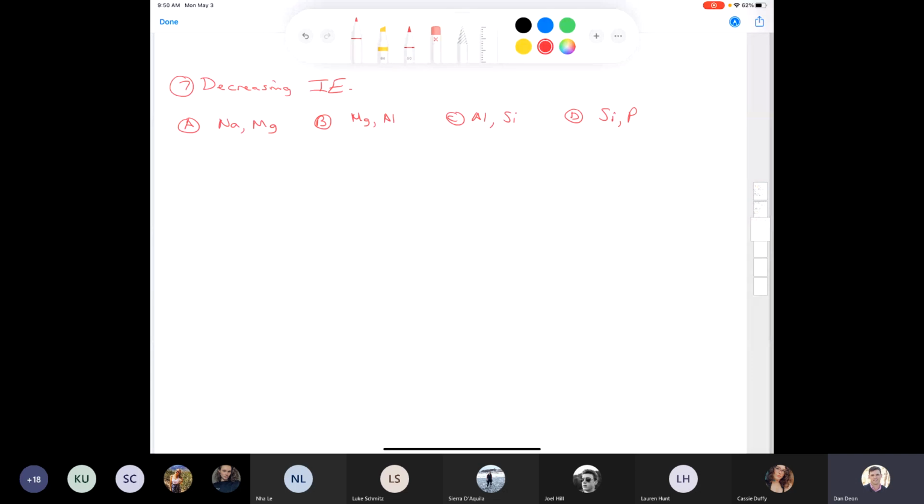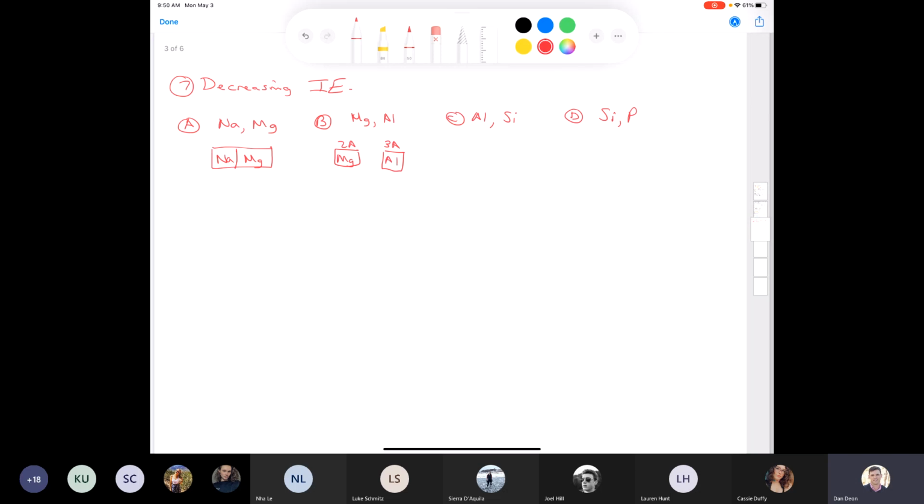I'm writing these down and you notice something in common with all of them. If you look at the periodic table, you see that sodium and magnesium are right next to each other. Magnesium is in group 2A, and aluminum's next to it, technically in group 3A.